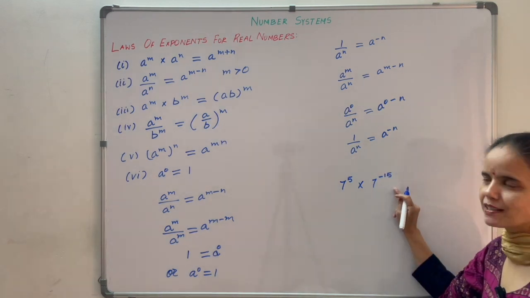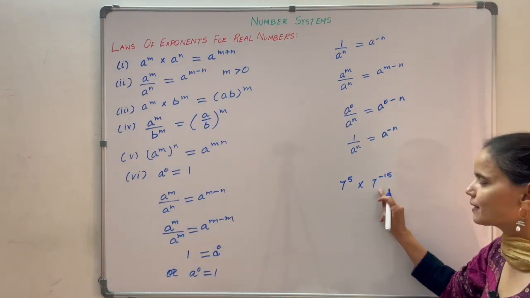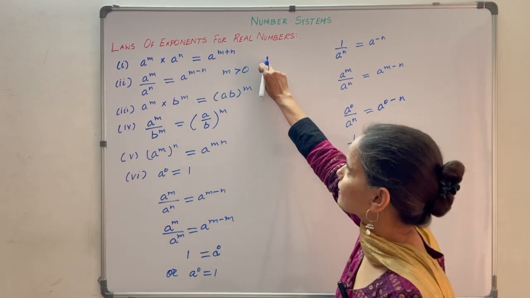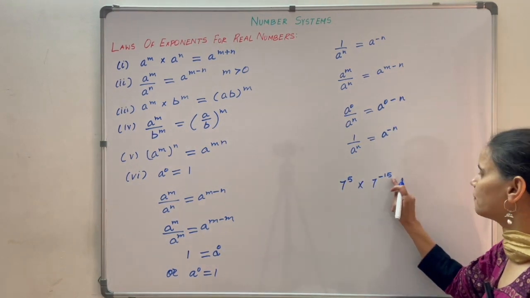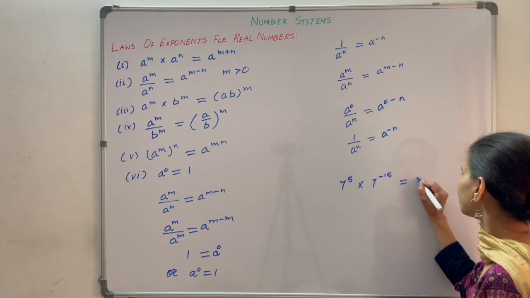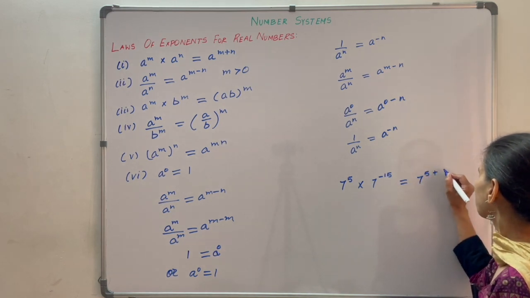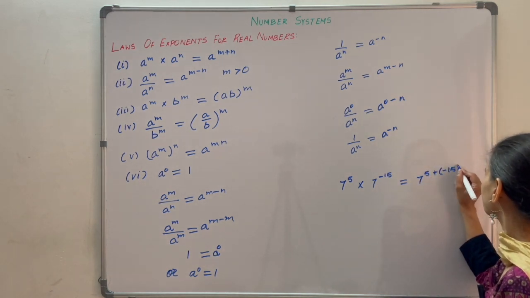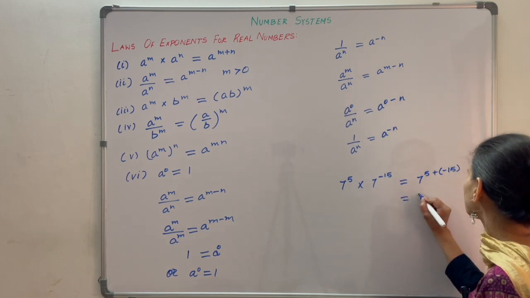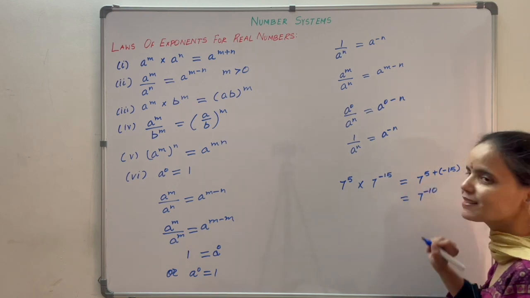So here the exponent is negative and the bases are same. So using this law, we will add the powers. So here you have 7 raised to power 5 plus of minus 15. So when you solve this, you will get 7 raised to power minus 10.